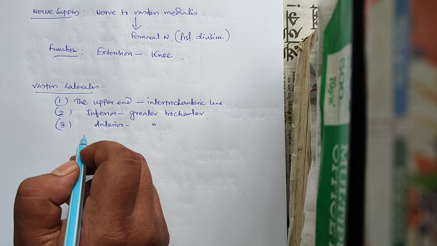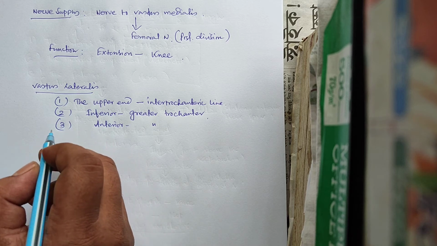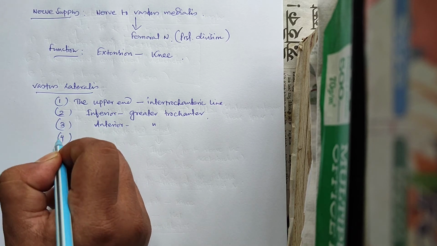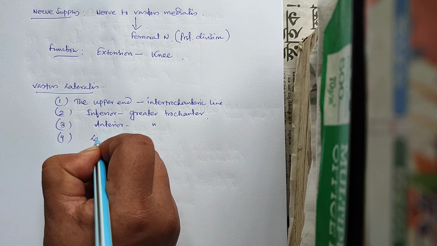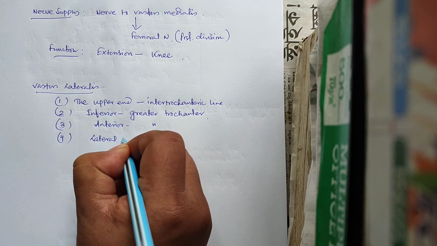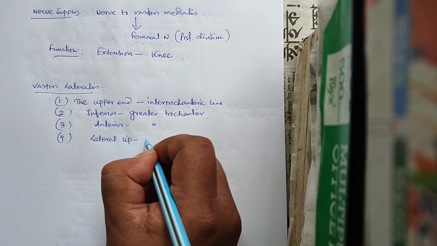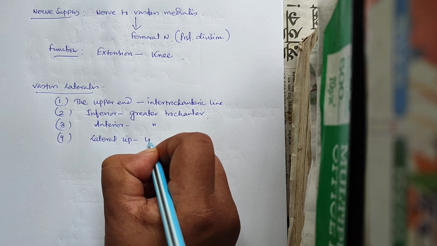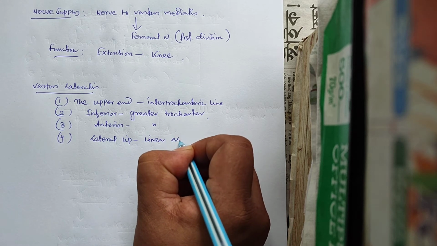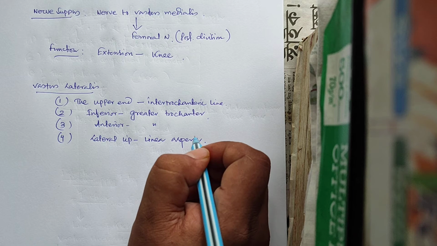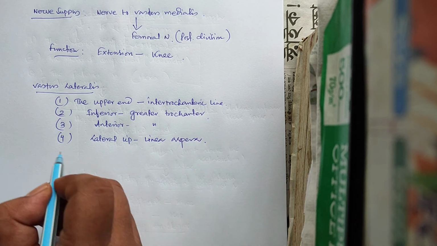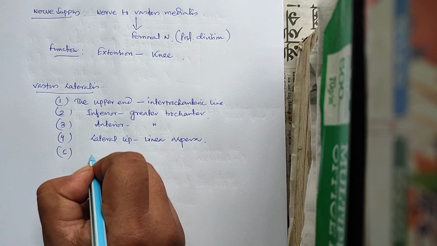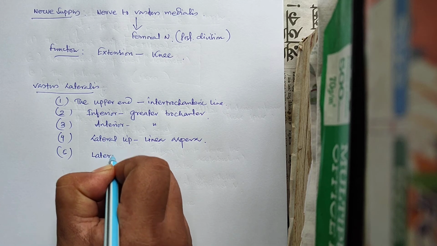Next, the lateral lip of the linea aspera, and the lateral margin of the gluteal tuberosity.